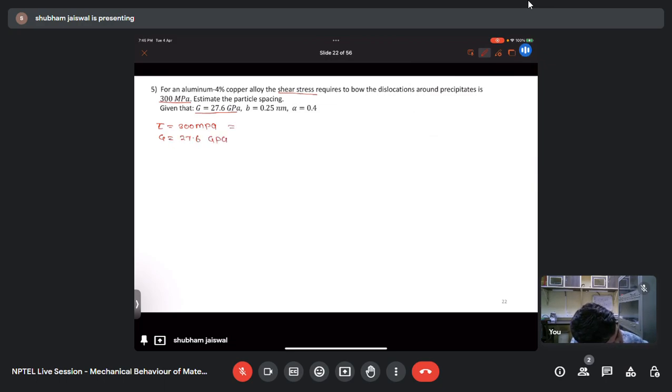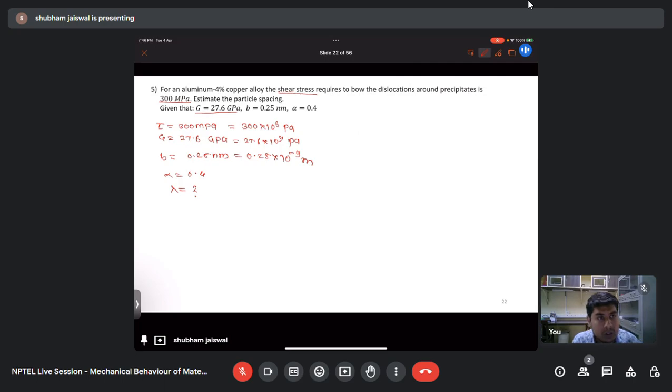So let me convert it into one unit: 300 into 10 to the power 6 Pascal, or 27.6 into 10 to the power 9 Pascal. Then we have B as 0.25 nanometer, or 0.25 into 10 to the power minus 9 meter. And we have alpha as 0.4. So now they are asking us to find out the estimated particle spacing, that is lambda.